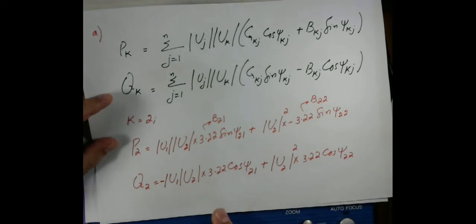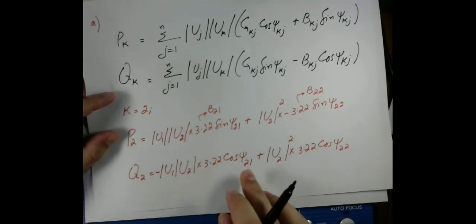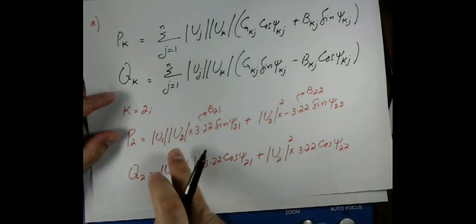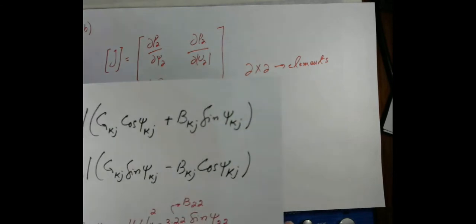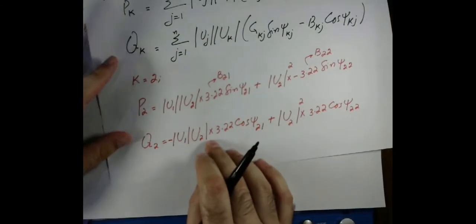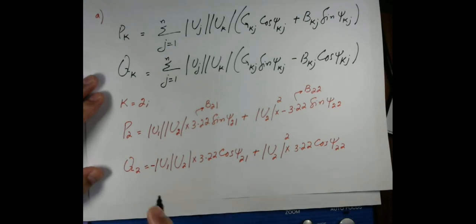Let me mention here that at the Slack bus we know the voltage magnitude is 1 and the angle is 0.